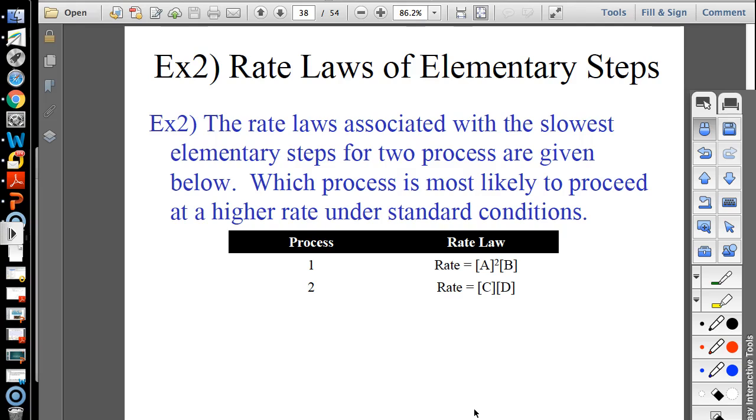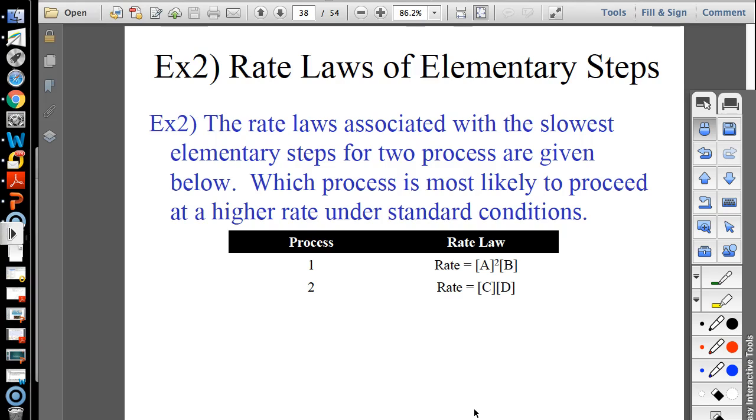Amanda, which one is going to proceed at a higher rate? Why? That's not necessarily the answer. Activation energy is going to depend on K. But here's the deal, y'all.